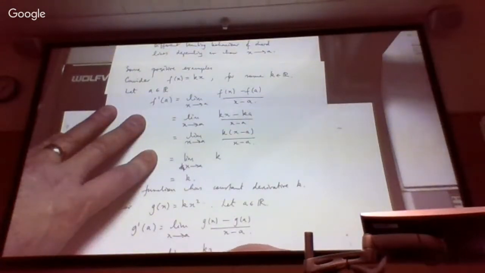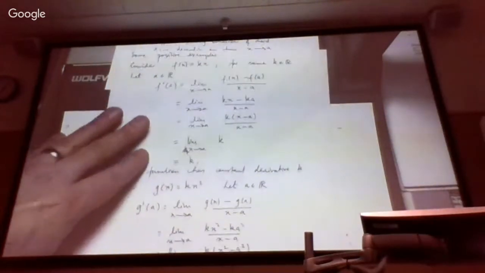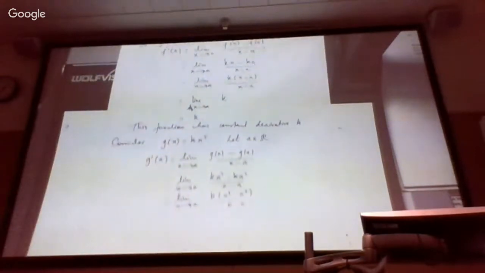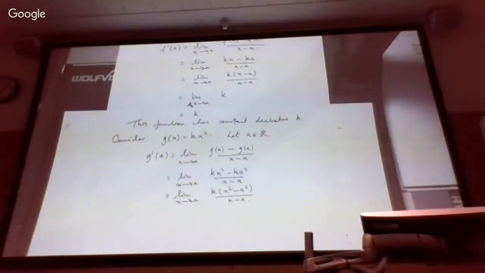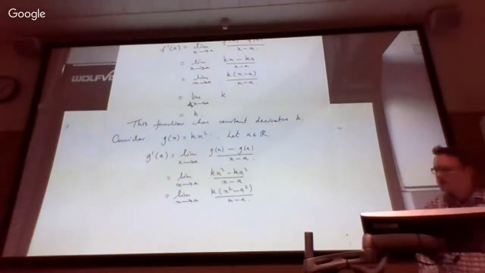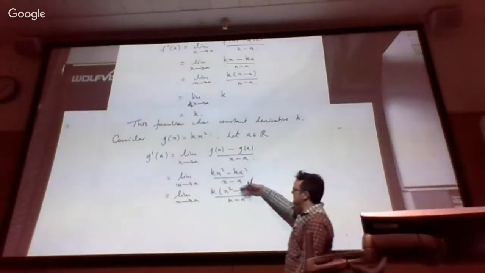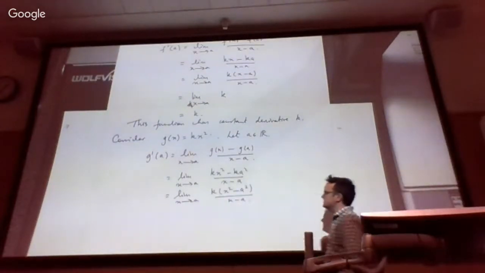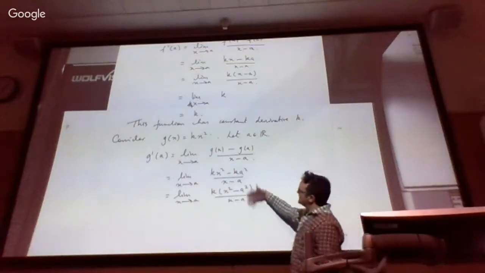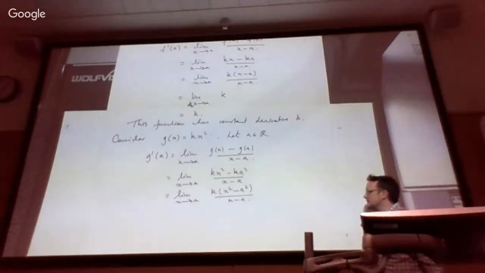So this is going to be kx squared minus ka squared over x minus a. So this is the limit as x approaches a of k times the difference x squared minus a squared over x minus a. Now again, we've got this 0 over 0 limiting behavior, it seems to be. But we can still resolve this in a similar way to before.